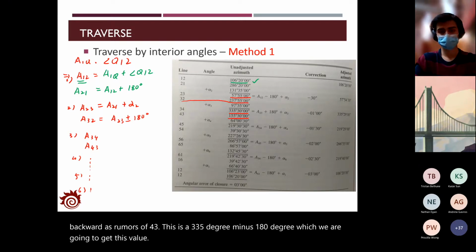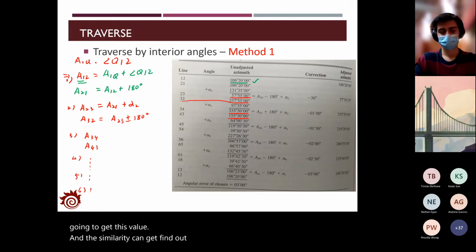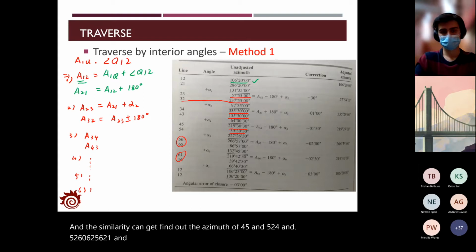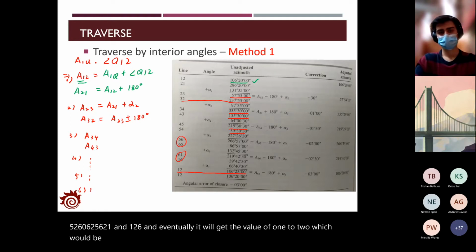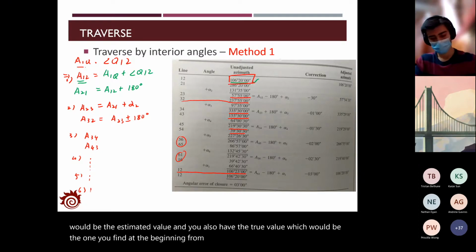And similarly, you can find out the azimuth of 4 to 5 and 5 to 4, 5 to 6 and 6 to 5, 6 to 1, and 1 to 6. And eventually you will get the value of 1 to 2, which would be the estimated value. And you also have the true value, which you find at the beginning from the true azimuth of 1 to Q and the true angle of Q12.